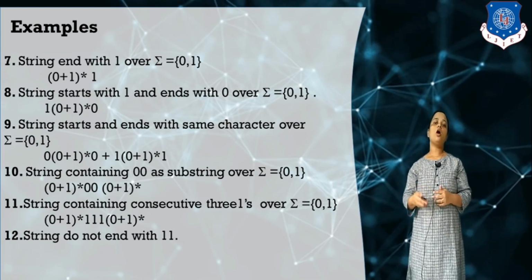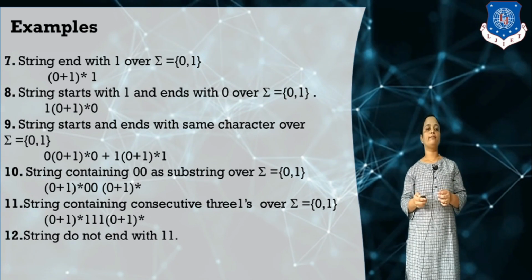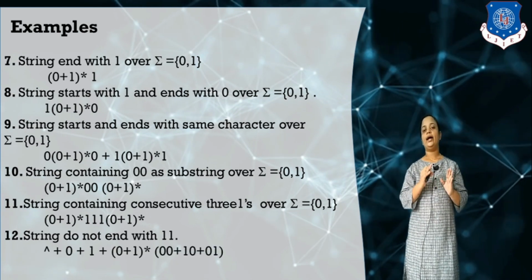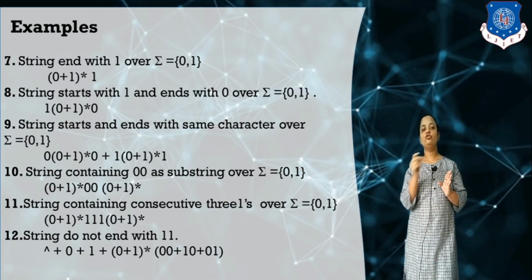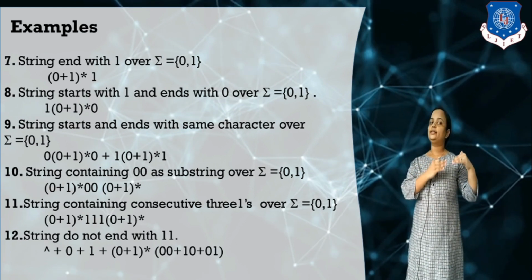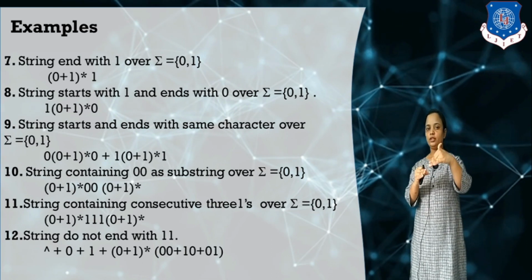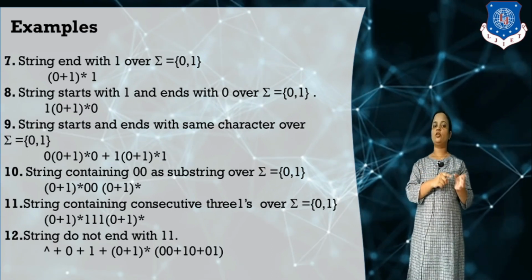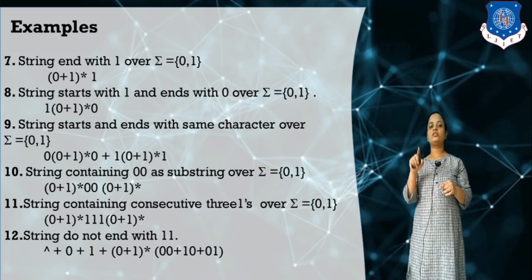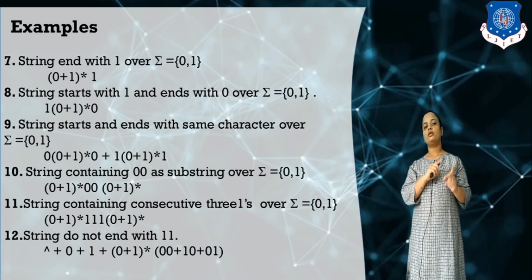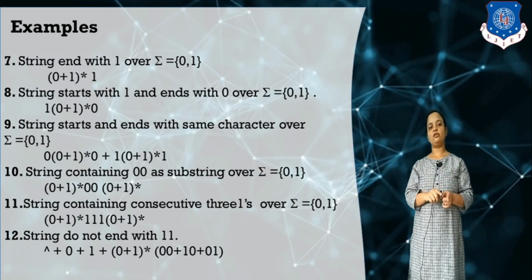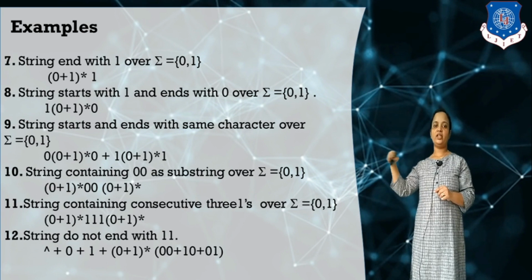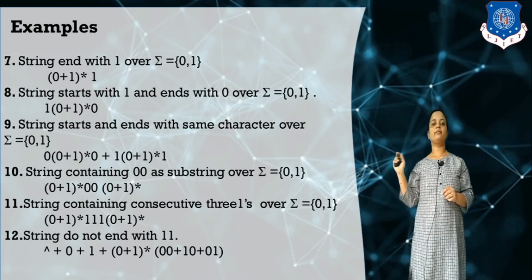So how can we write the regular expression for it? Here you can see that I have included the lengths using the plus option: length 0, length 1 and length 2 combined with the star. So length 0 is the null string, single 0 allowed, single 1 allowed: null string plus 0 plus 1 plus. Now, if I want to generate a string of length 2 or more, the last term is used.